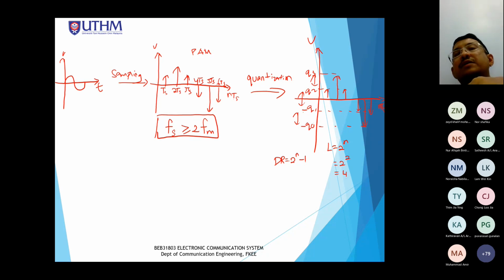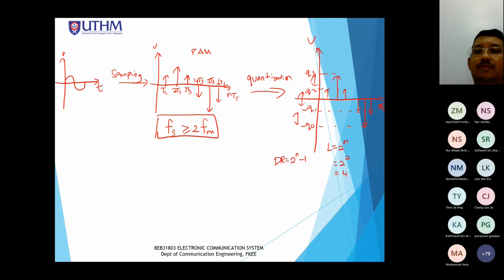However, if we have too many quantized levels, we're going to need more bits. The more bits we use, the wider bandwidth we need, which is not suitable for certain kinds of applications. So that's why bandwidth is one of the big limitations that determine the number of bits that we need to use in the system.